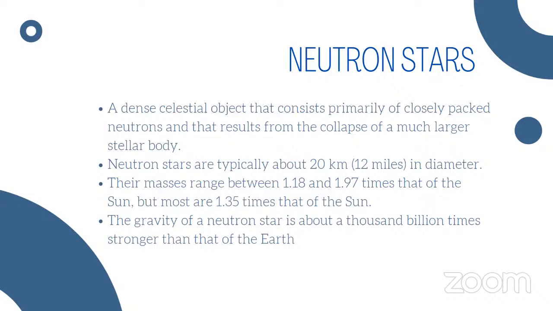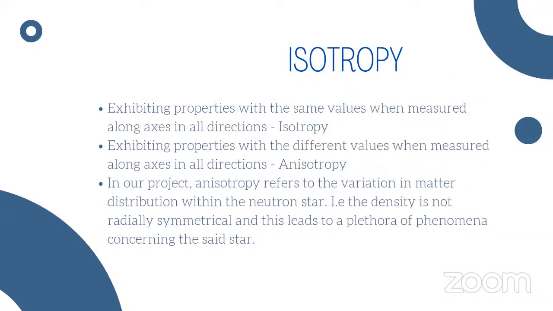They are typically about 20 kilometers in diameter, so that's smaller than the size of Texas itself, and their masses mostly range between 1.18 and 1.97 solar masses. But surveys from the Hubble Space Telescope to various ground-based telescopic surveys found that these are most likely in the range of 1.35 times the mass of the sun. Now, the gravity of a neutron star is actually 1,000 billion times stronger than that of the Earth, despite its smaller size.